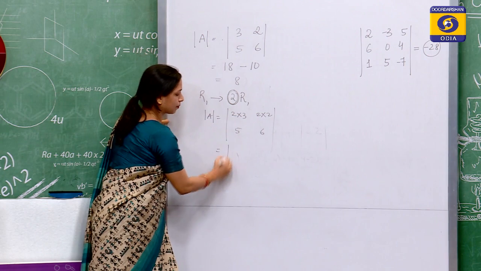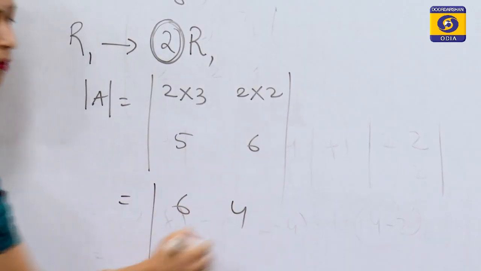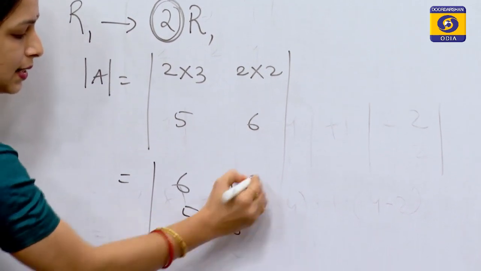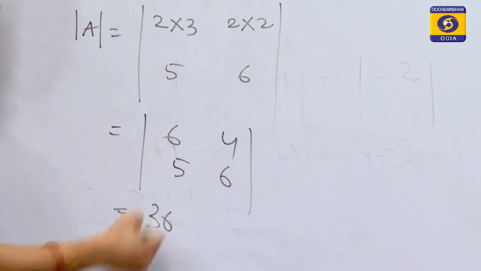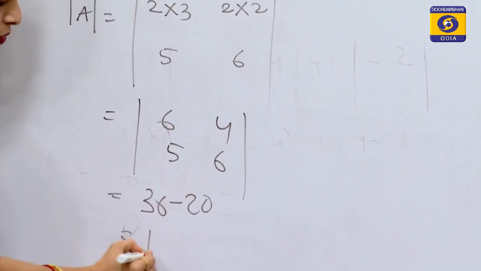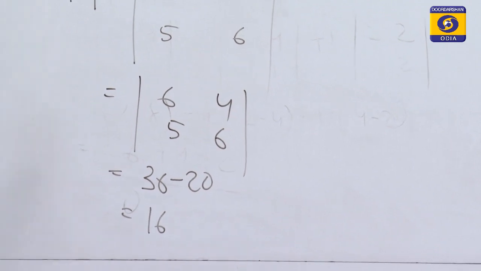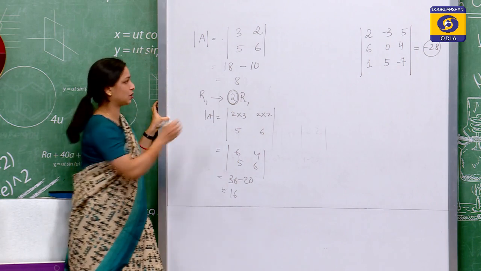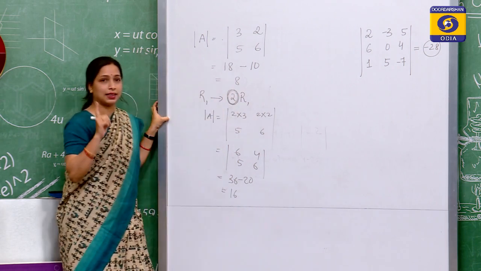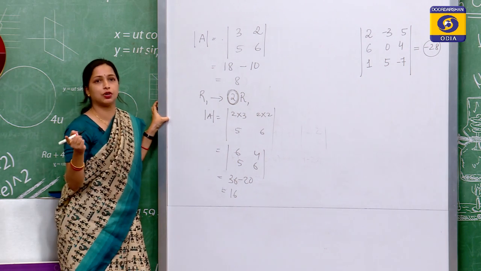So, here the resultant elements are 6, here 4, here 5 and 6, cross multiply 36, here minus 20, 16. Now, what does the property say? If you multiply any row or any column with a constant, so here the constant is 2, then the value of the determinant will change to k times the original determinant.